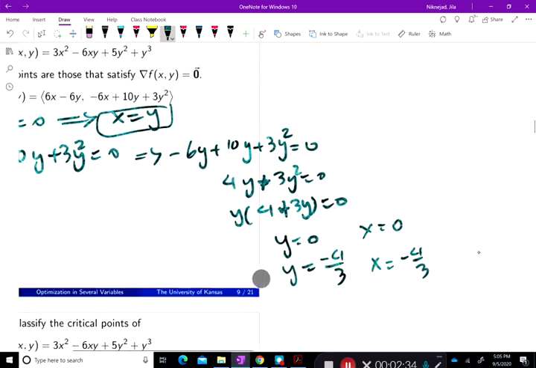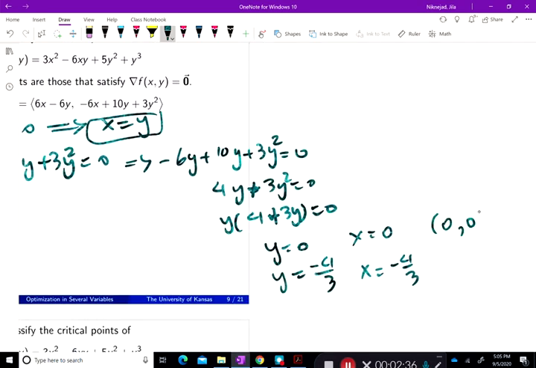So both of them are the same, either 0, 0 or negative 4/3, negative 4/3. Now you basically found the critical points, two critical points, 1 and 2.